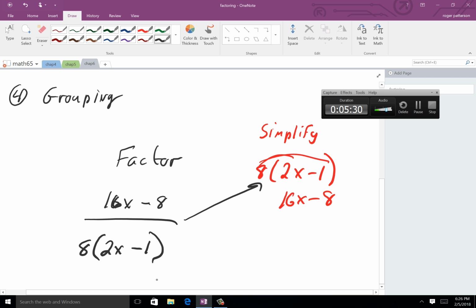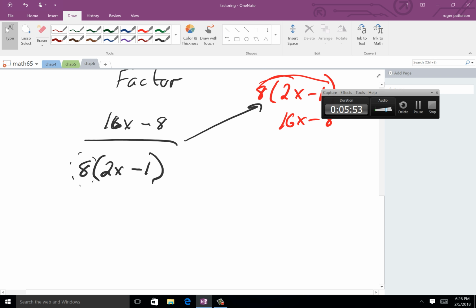So we're breaking it down into its 2 factors. We want this one to be the highest number we can get out of it. It's called the greatest common factor, I think. So we want that to be the largest one. So you can see that you're undistributing. You can think of it that way if that helps you. So let's try another one.